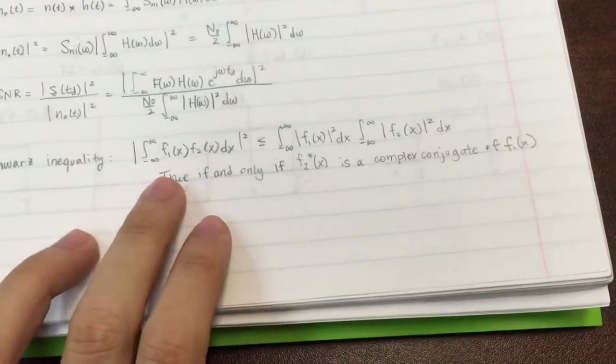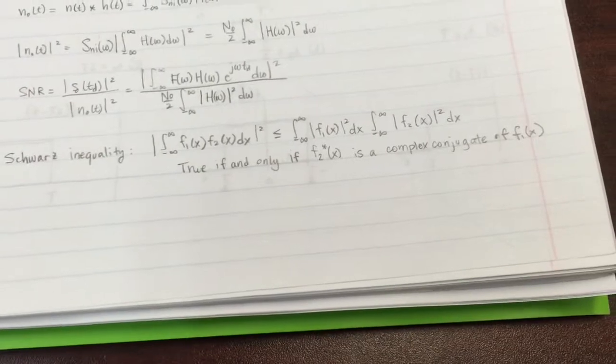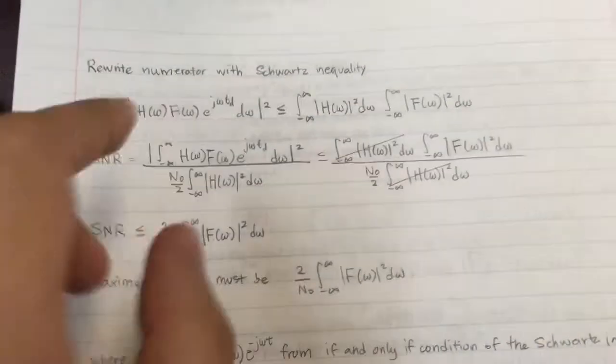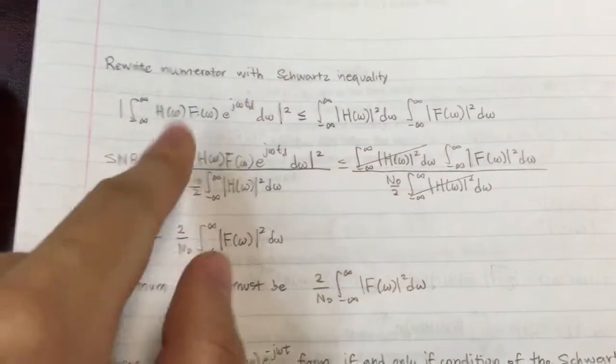This is true if and only if the second function f2(x) is a complex conjugate of f1(x). Keeping this condition in mind, we rewrite the numerator with the Schwarz inequality.